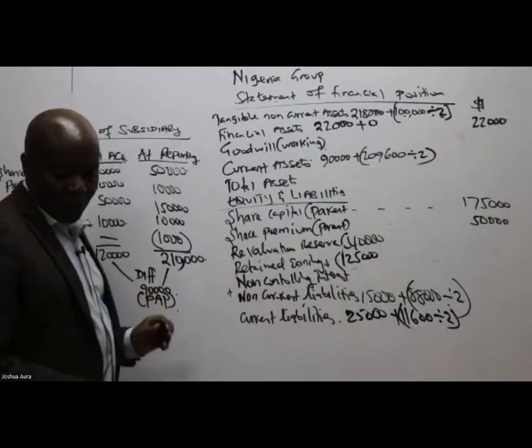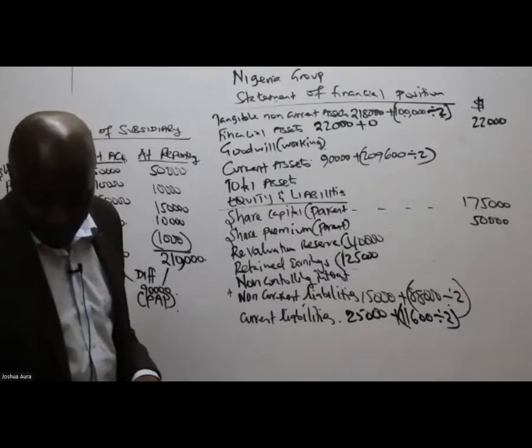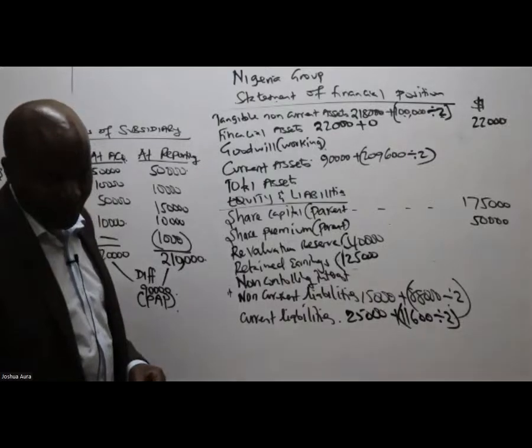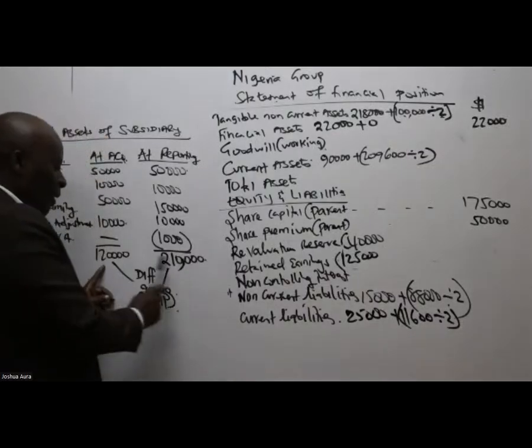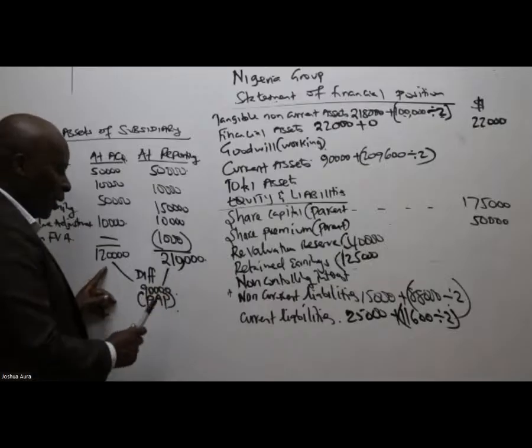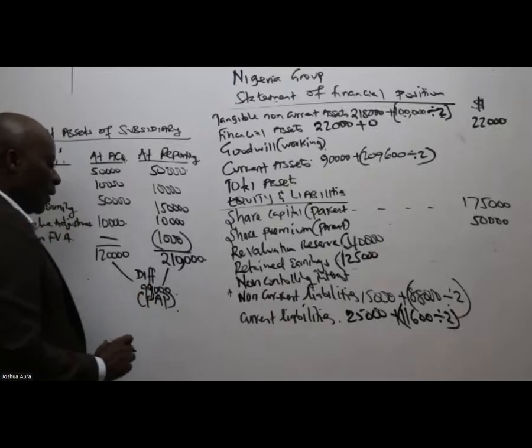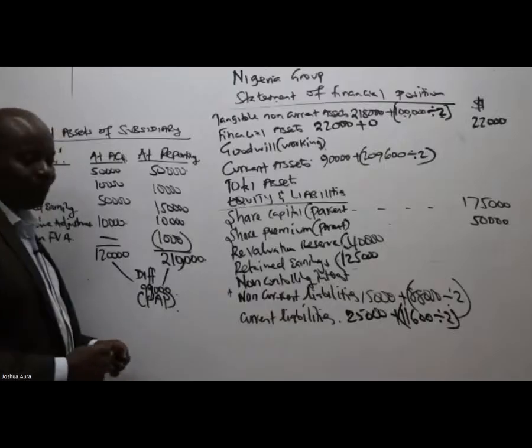So meaning at the end of the day the difference should be equal to what here, somebody? The difference between this and this, 219,000 minus 120,000, 99,000, isn't it? So this should be 99,000.